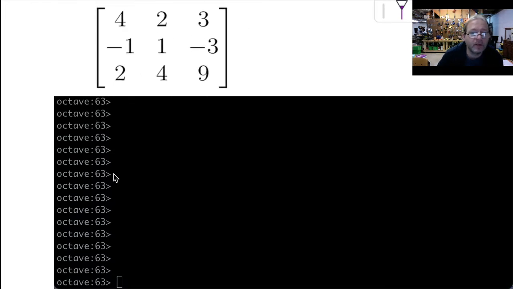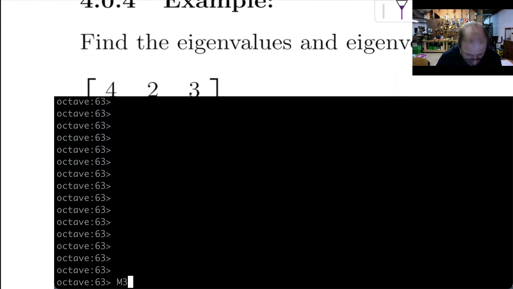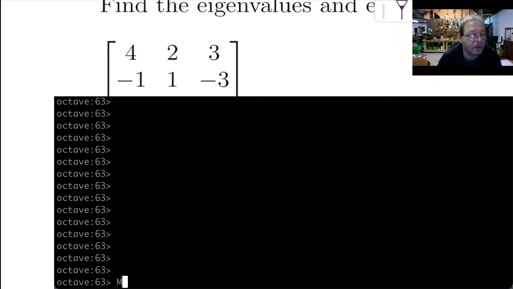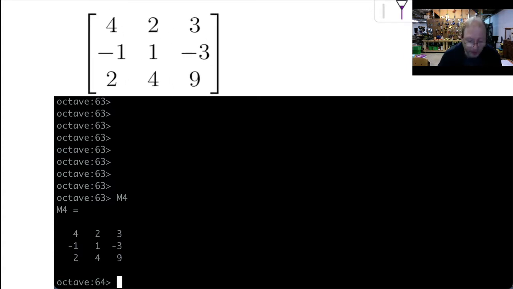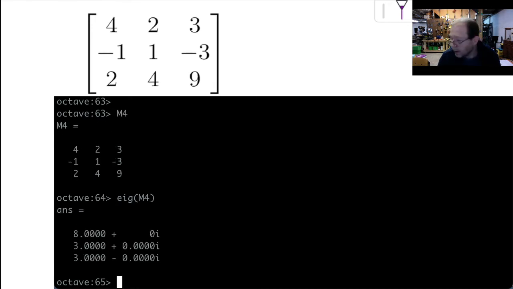Here's our matrix, and I've got that in here as M4, I believe. Let's see this. Yeah, those match. So if you just type in eig M4, that will give you the eigenvalues. Octave and MATLAB, which it's based on, do everything numerically, and so they give it to us in complex form.